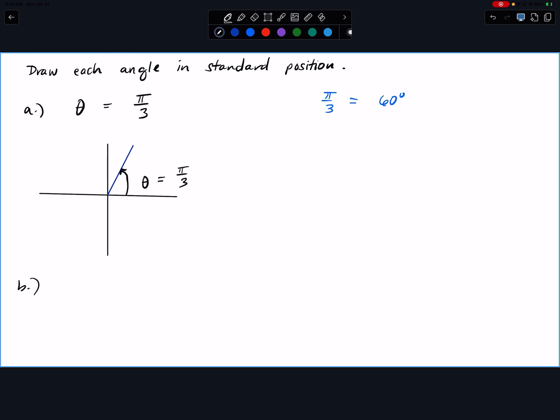Okay, B. Negative angles are which direction? Clockwise. Okay, so I don't have negative 3 pi over 2 on my unit circle.